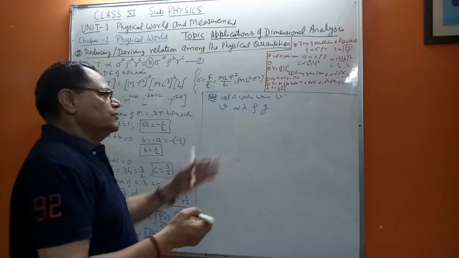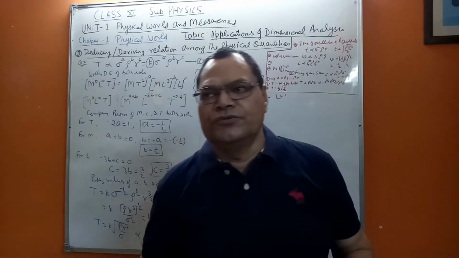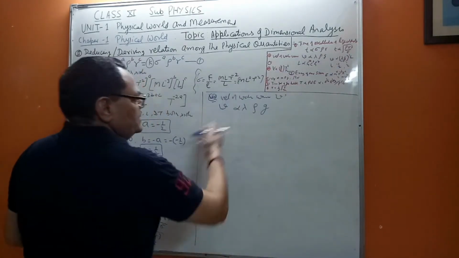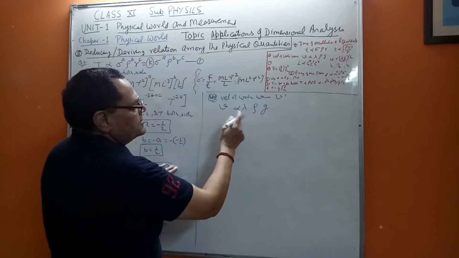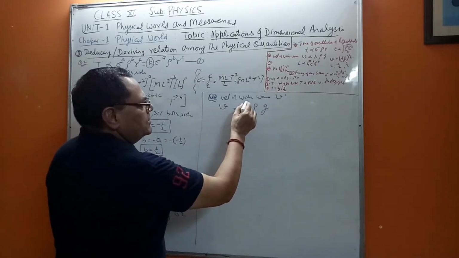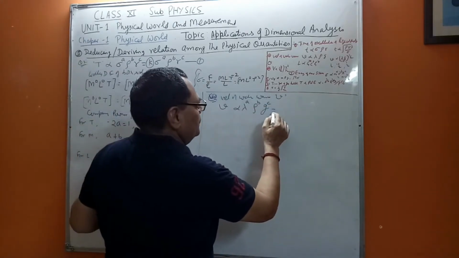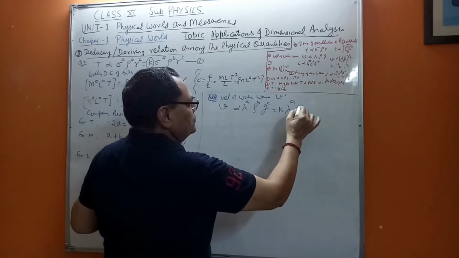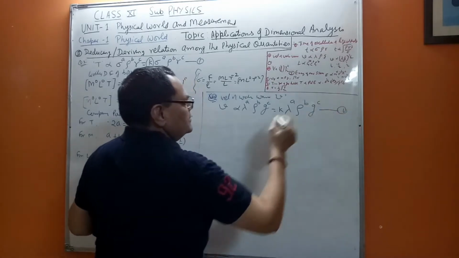But we don't know whether they are directly proportional or reciprocal or square or cube root or half root, whatever it is. So we will simply assume as usual, V proportional to this. Now what we do, we put some unknown powers A, B and C. So we can equate it to some constant K, lambda raised to power A, rho raised to power B and g raised to power C, and call this equation 1.